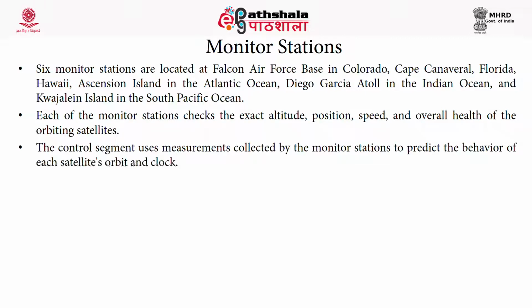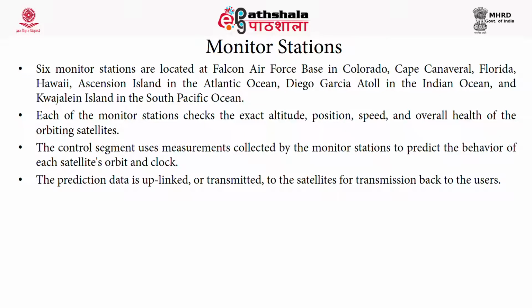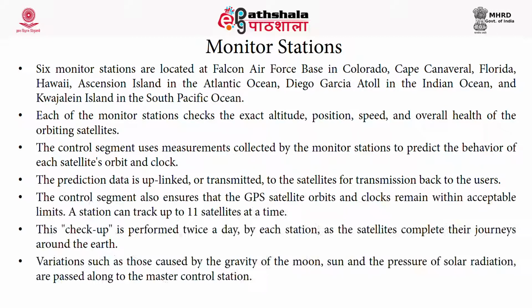The control segment uses measurements collected by the monitor stations to predict the behavior of each satellite's orbit and clock. The prediction data is then uplinked or transmitted to the satellites for transmission back to the users. The control segment also ensures that the GPS satellite orbits and clocks remain within acceptable limits.